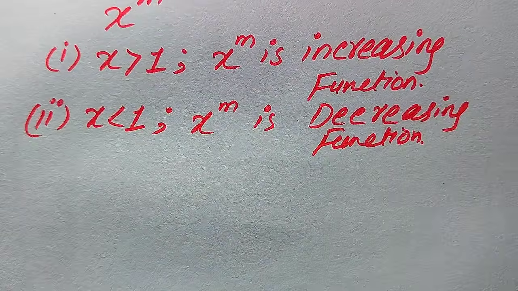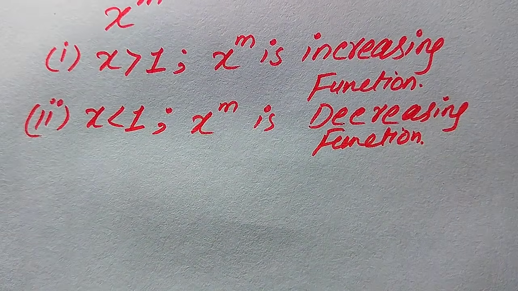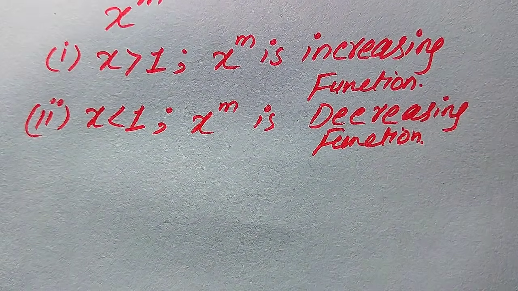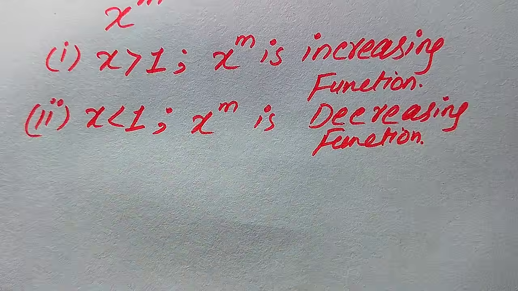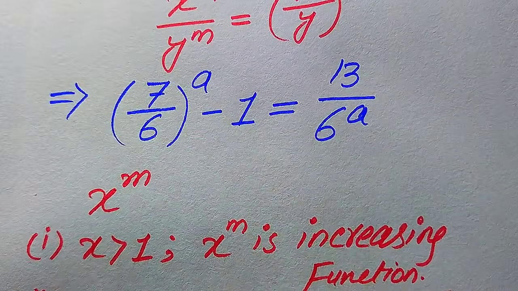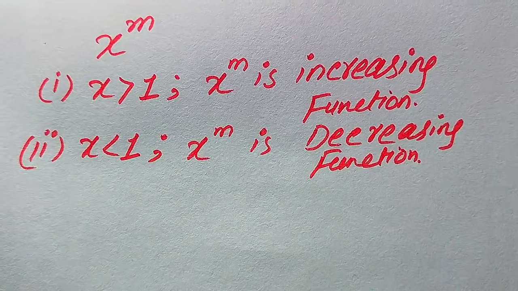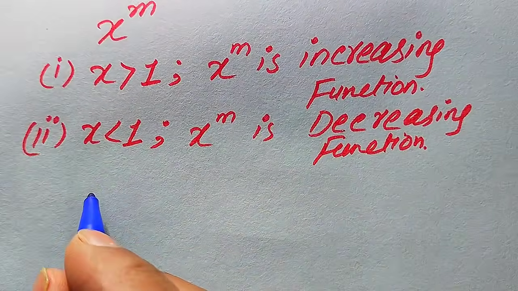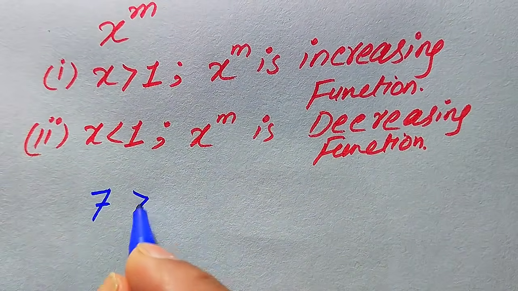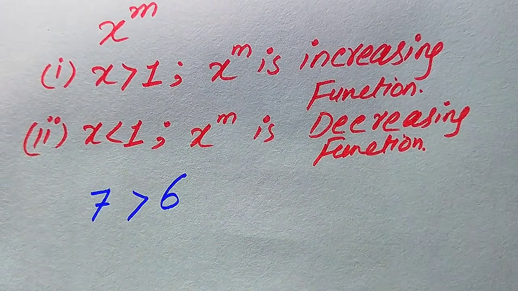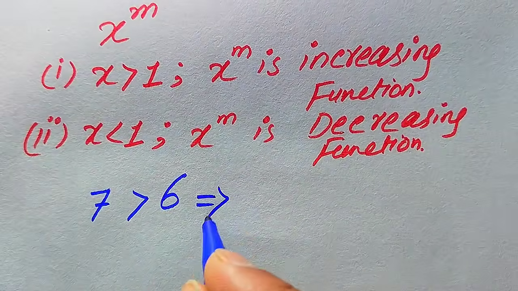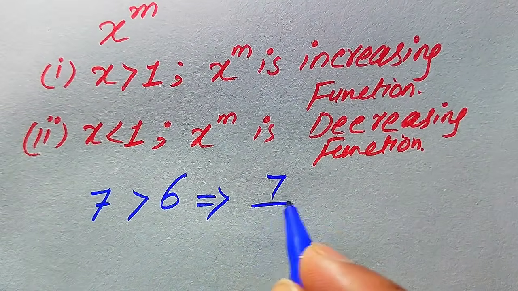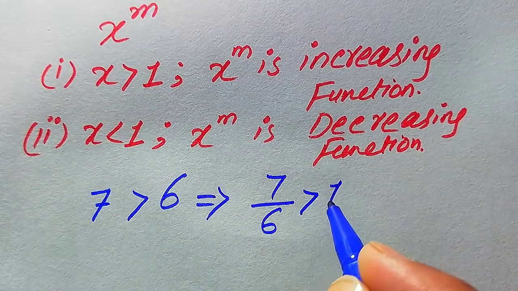So according to this, in our case we first check whether 7 over 6 is less than 1 or greater than 1. Here we clearly say that 7 is greater than 6, and this means that 7 over 6 is greater than 1.